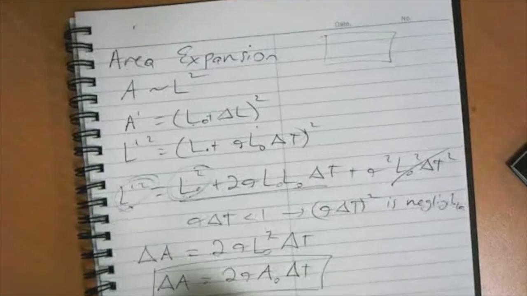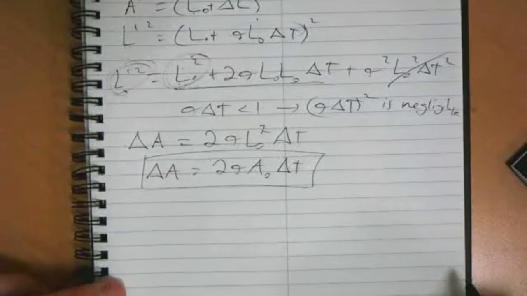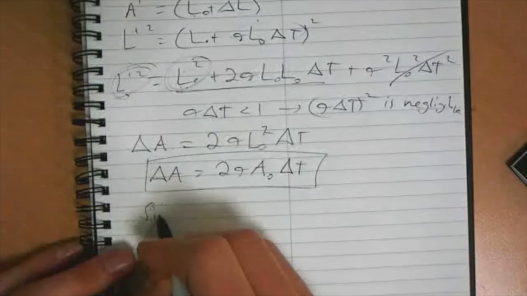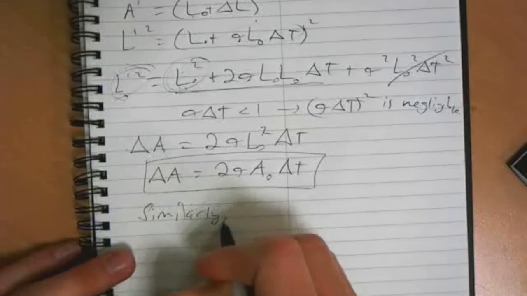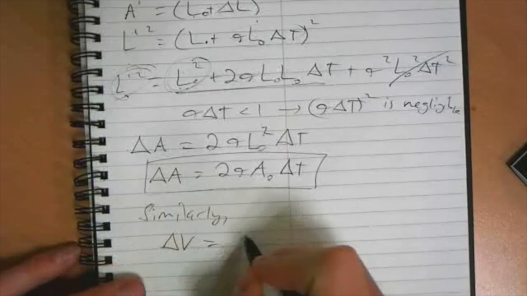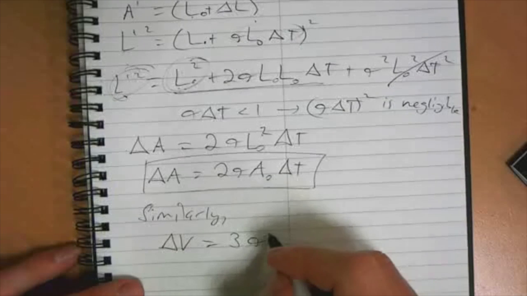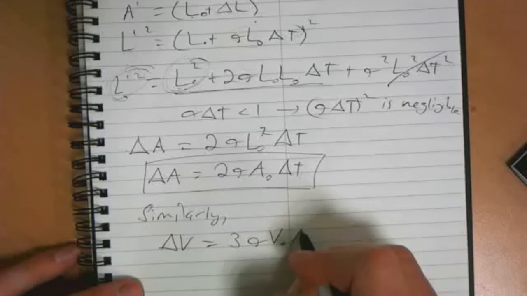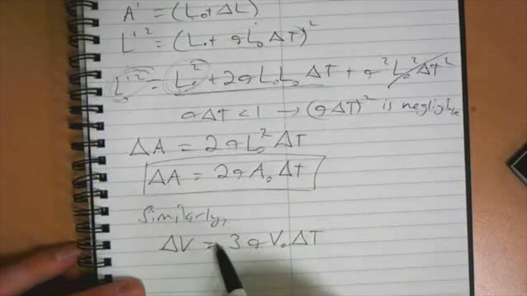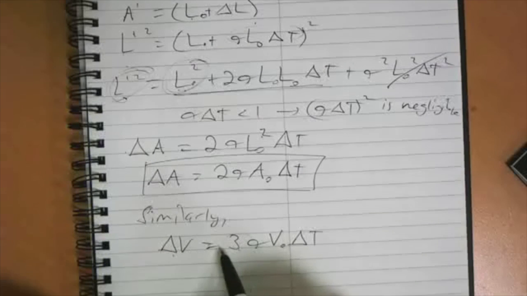So that is a result that we can use when dealing with area expansion. And following a similar argument, a volume winds up being a 3 alpha V naught delta T, because if we cube a binomial, we get coefficient of 3 stuck in there.